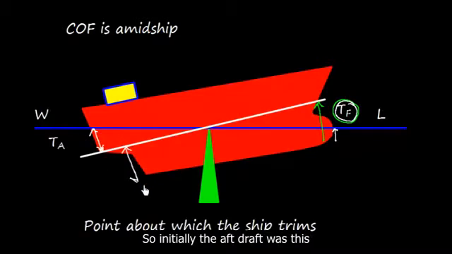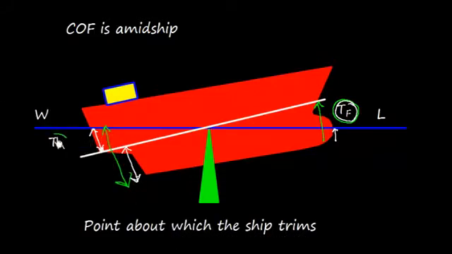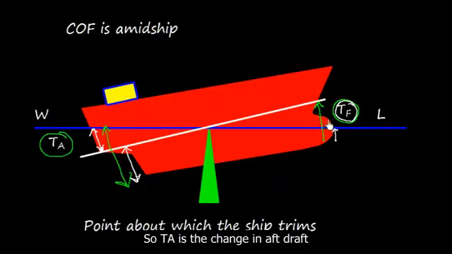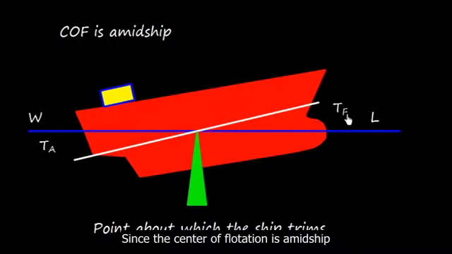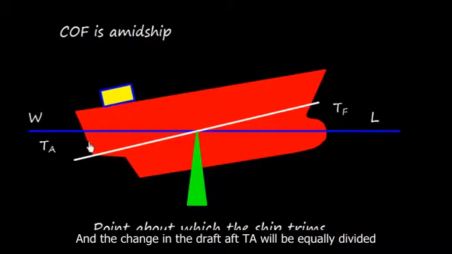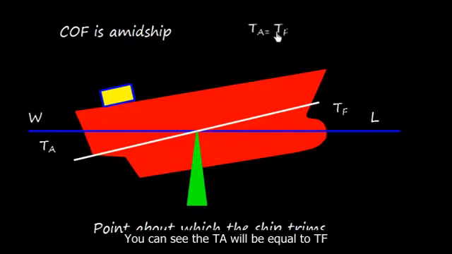Initially the aft draft was this, but now the draft has increased to this one. Since the center of flotation is amidship, the change in the draft forward, TF, and the change in the draft aft, TA, will be equally divided. So we can say that TA will be equal to TF.